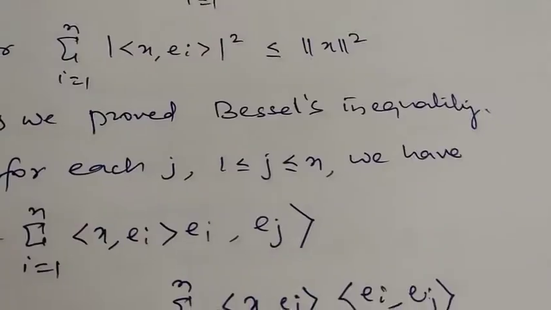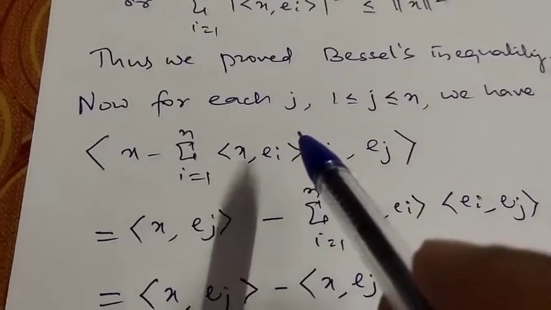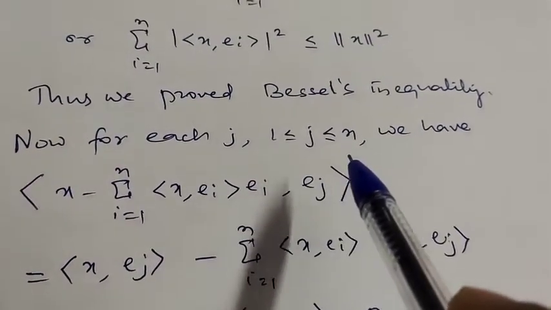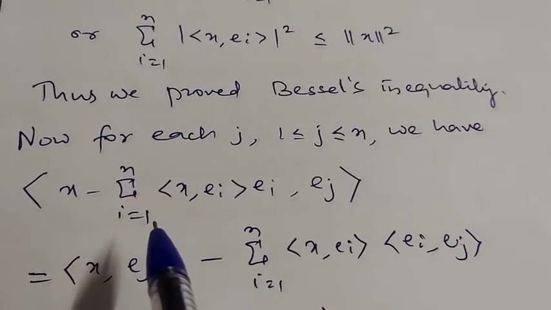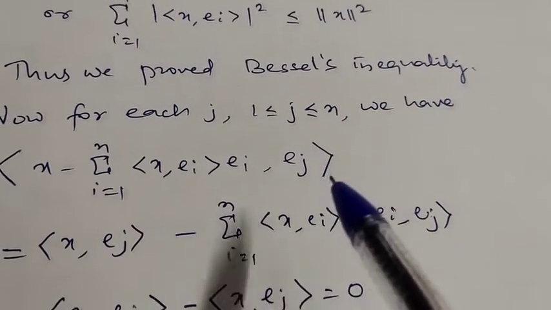Next condition: in this theorem itself we need to prove the other condition. So now for each j, where j lies between 1 to n, we have the inner product of x minus summation i equal to 1 to n of (x comma ei) into ei, with ej.